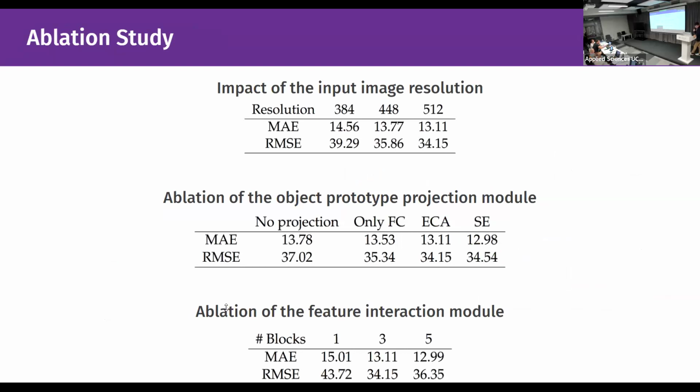Also, we tested the importance of the object prototype projection module, specifically comparing 4 different architecture variants. One without the projection module entirely, one where the projection module consists only of a fully connected layer, one with a fully connected layer and channel attention, and one where channel attention is replaced with a squeeze and excitation block, denoted by SE here.